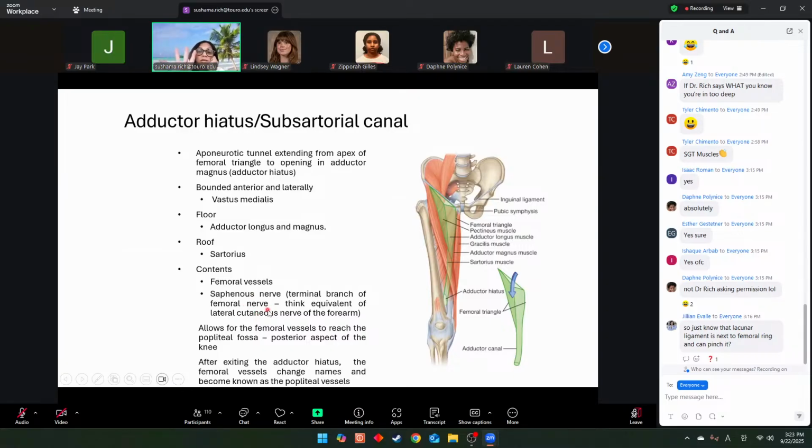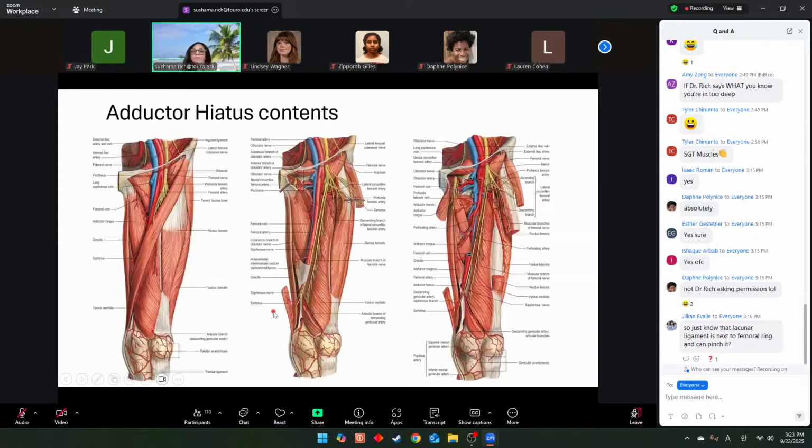So 4 things lie in the adductor canal: femoral vein, femoral artery, saphenous nerve, and nerve to vastus medialis, which is just a nerve supplying vastus medialis. That's this guy. See this guy? He's coming and supplying vastus medialis. So these are the 4 contents, and that's the adductor canal.